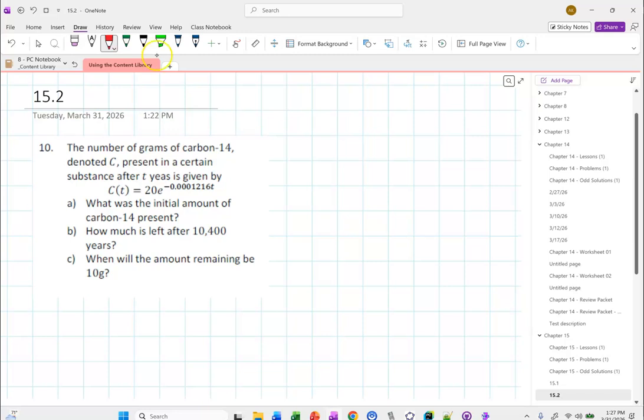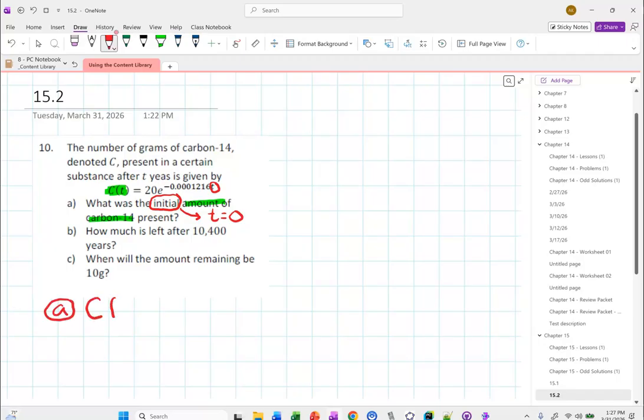So that's looking, because it asks for the amount of carbon-14, we're looking for a value for C. To find the value for C, we need to put in a value for T. So what value of T would initial mean? T equals 0.